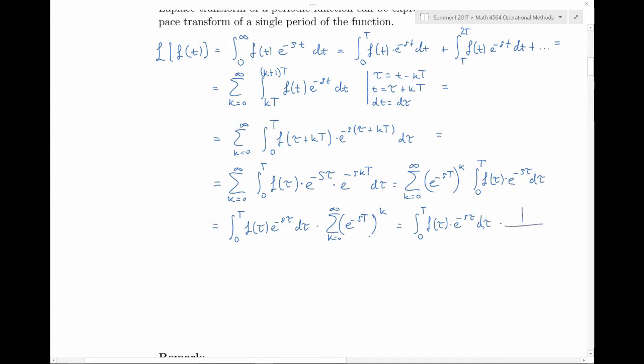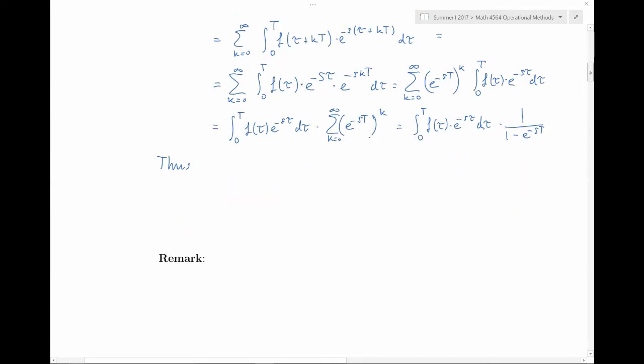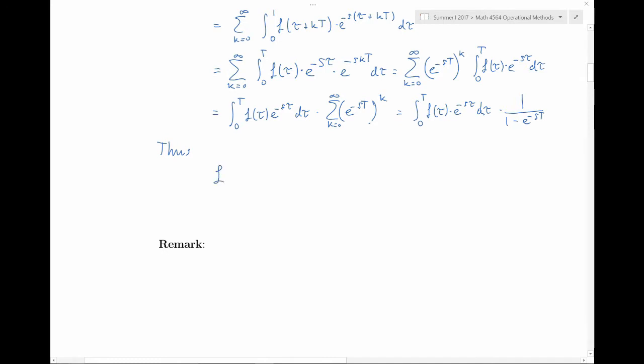It's 1 over 1 minus e to the minus sT. Therefore, the Laplace transform of the periodic function f of t is 1 over 1 minus e to the minus sT times the Laplace transform of just one period of the function f of t.